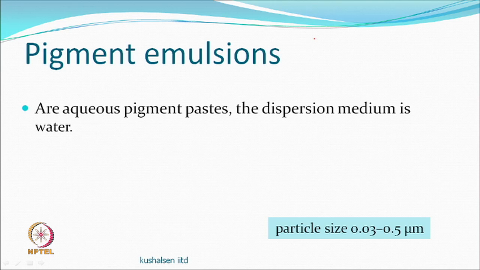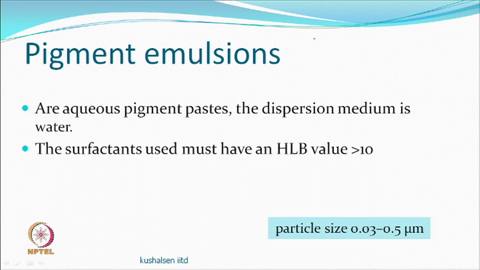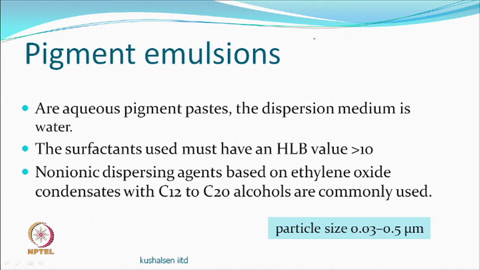So, as I said, aqueous pigment paste, dispersion medium generally is obviously water, very easy to evaporate later after the whole process has been done. Surfactants which are used generally would have an HLB, you understand HLB? Hydrophilic lyophilic balance of a molecule should be over 10. Normally non-ionic dispersing agents are used for making emulsion.